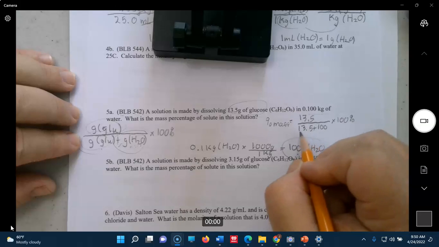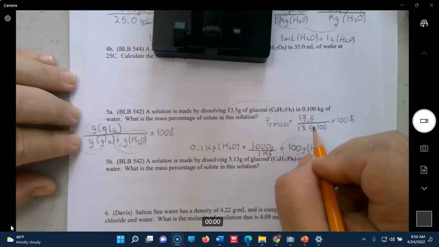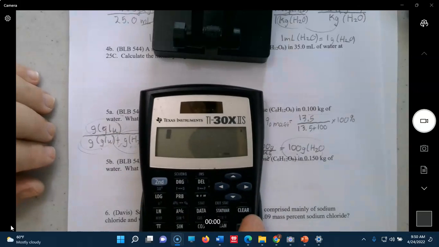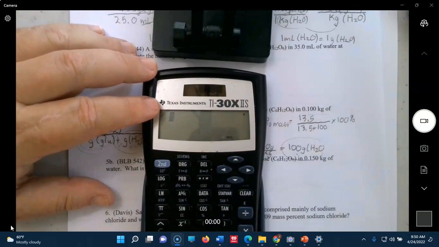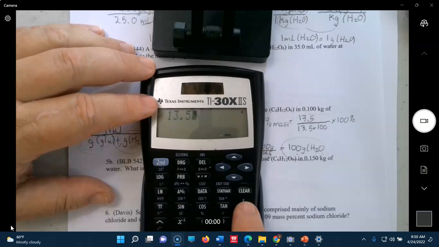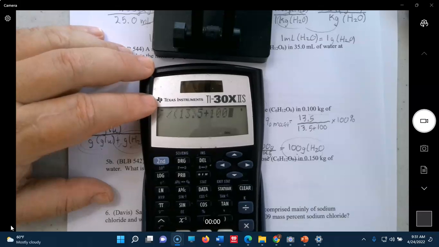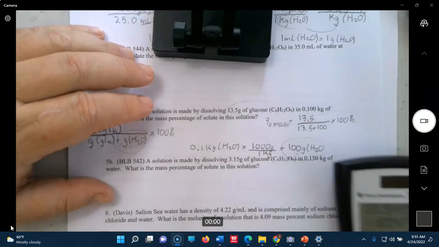So this is 113.5, so you divide 13.5 by 113.5. Again, I'll show you how to do that on the calculator. We start with 13.5, we divide by, and then it's parenthesis 13.5 plus 100, close the parenthesis, and now we can multiply that by 100 because that's the 100%, and we get 11.9%.